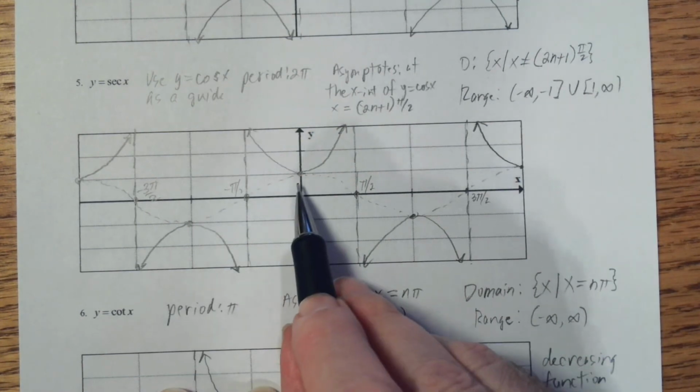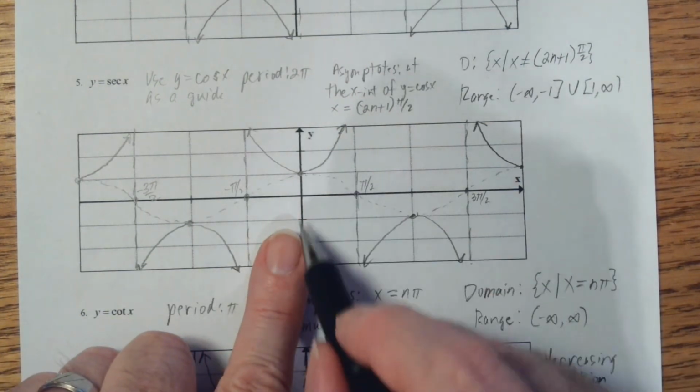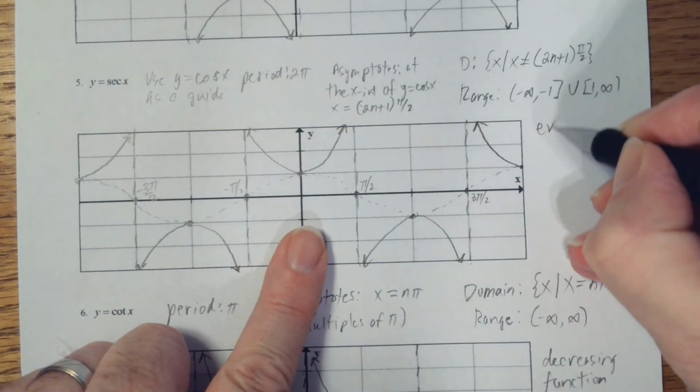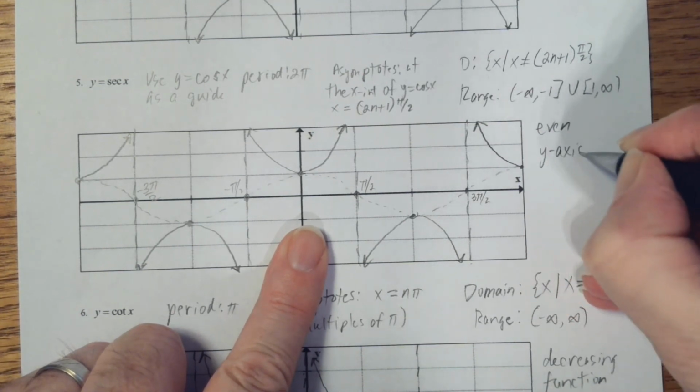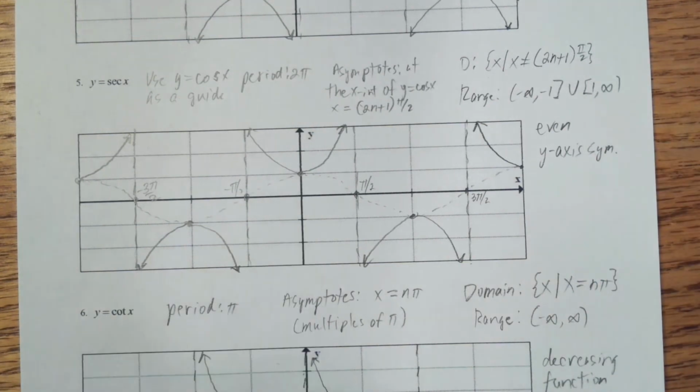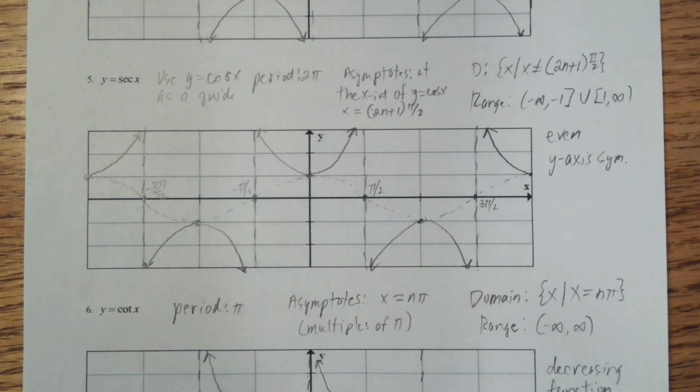You'll notice this is an even function. See the symmetry through the y-axis? And so that means we do have y-axis symmetry. All right, and that's going to be it. That covers all the basic graphs and their key features.